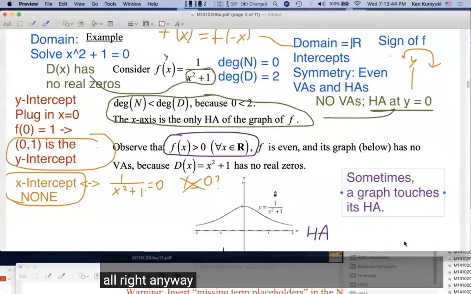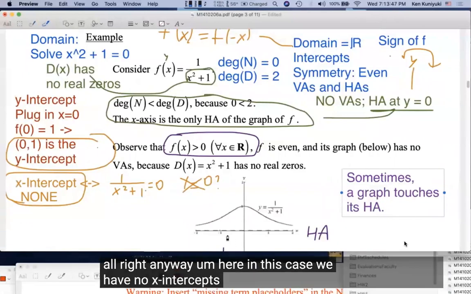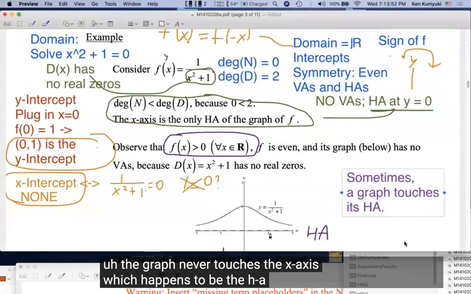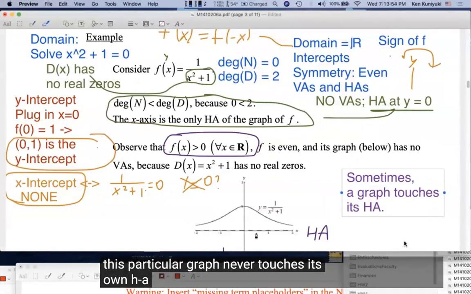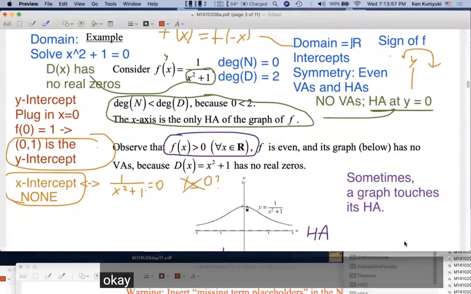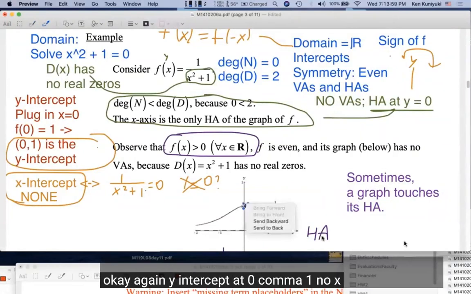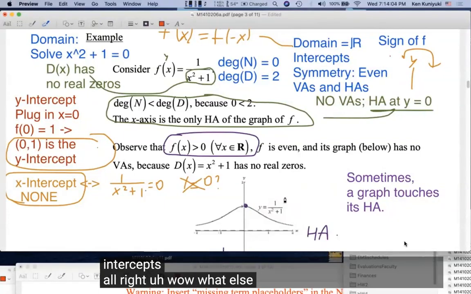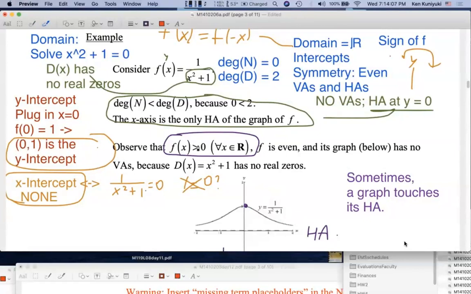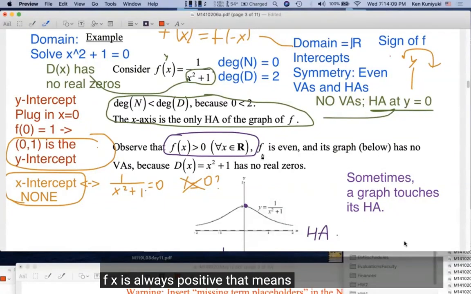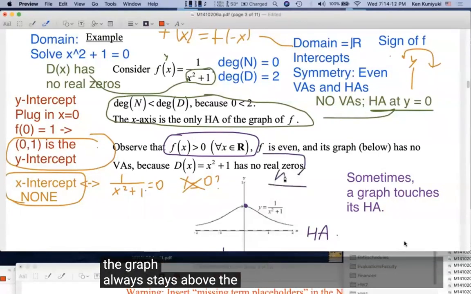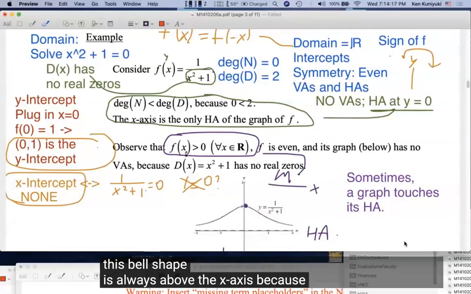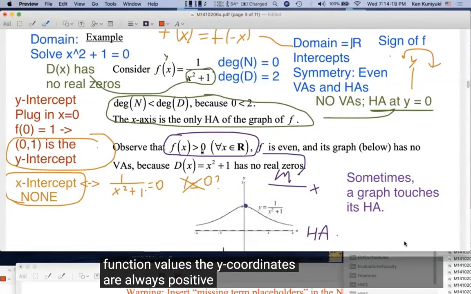All right, anyway. Here, in this case, we have no x-intercepts. The graph never touches the x-axis, which happens to be the HA. This particular graph never touches its own HA. Again, y-intercept at (0, 1), no x-intercepts. What else? f(x) is always positive. That means the graph always stays above the x-axis. That's why this bell shape is always above the x-axis, because the function values, the y-coordinates, are always positive.